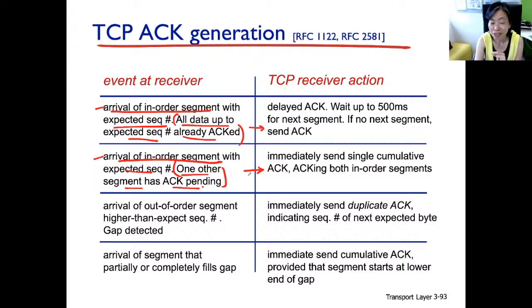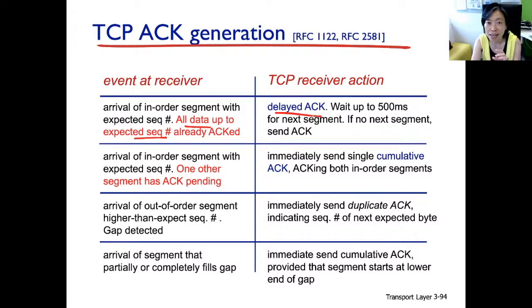Some of you might have guessed: yes, TCP's receiver here is trying to send one ACK packet per two data packets received. So, if all data up to the expected sequence number have already been ACKed, we delay sending this ACK and wait for the next segment. When the next segment arrives, then we send the ACK.